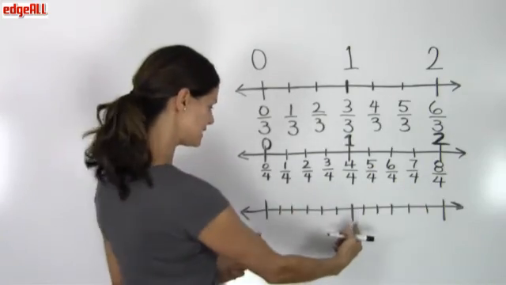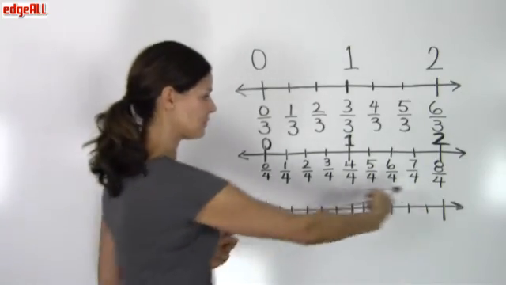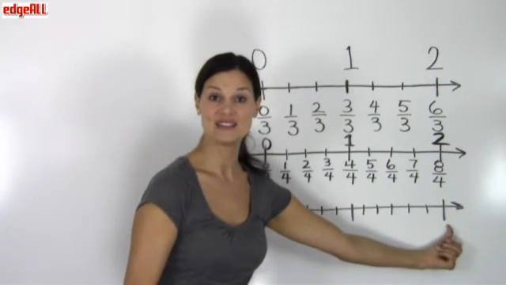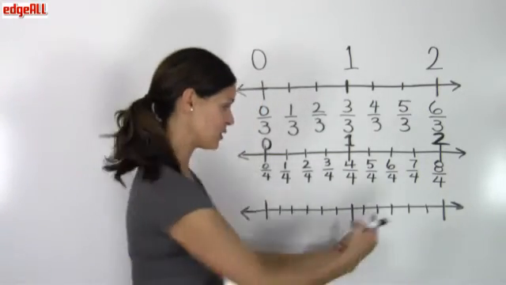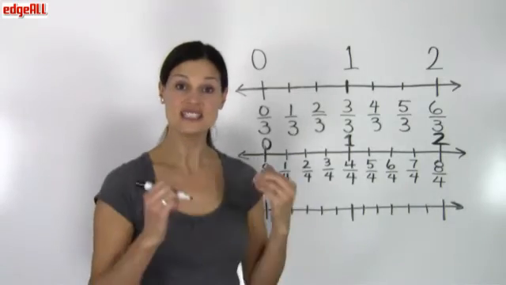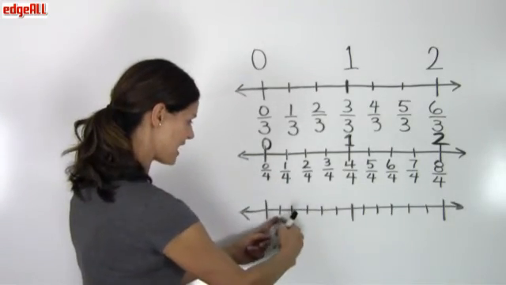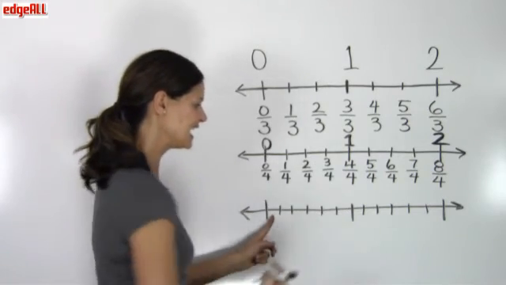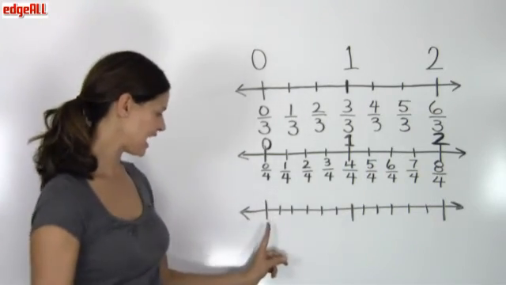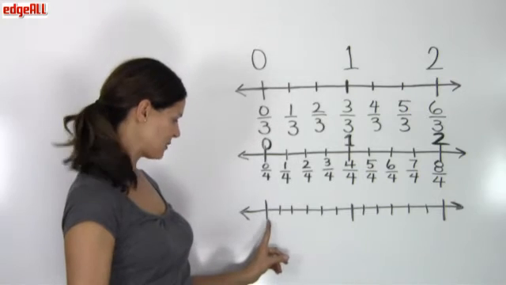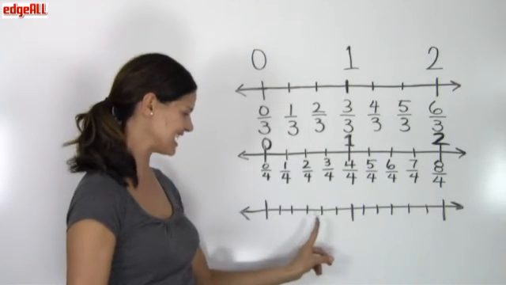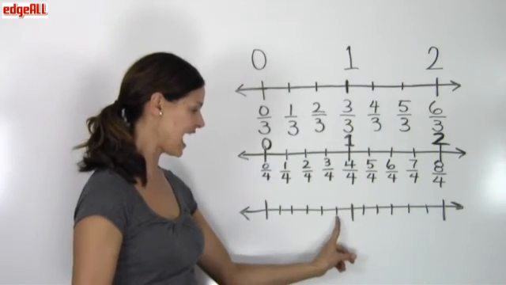The same case would be true here if we took our number line going from 0 to 1 to 2 and divided those spaces, or those whole numbers, into 6ths. So if I made my little divisions here and each of these was 1/6, then the same thing would happen here, and I would be able to count up from 0 to 1/6, 2/6, 3/6, 4/6, 5/6.